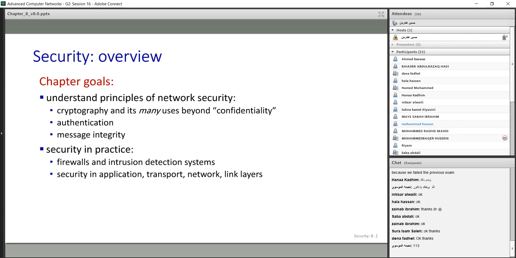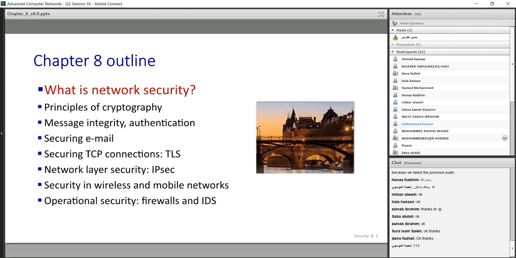Okay, we will talk about all of this, and we will talk about firewalls. We will talk about IDS systems and how we can achieve security in the application layer, in the transport layer, in the network layer, or in the data link layer.